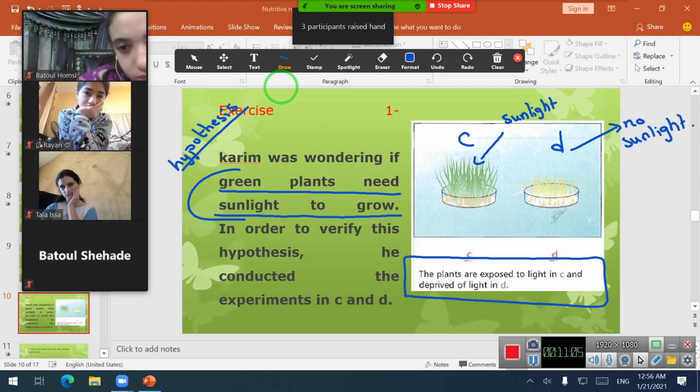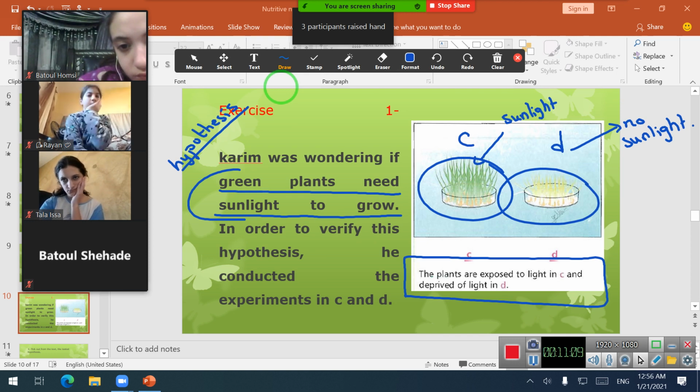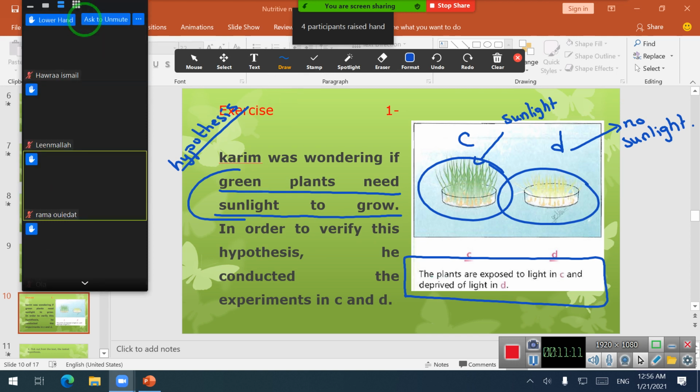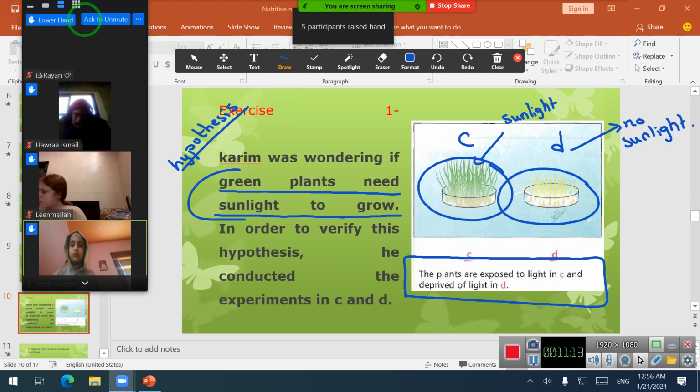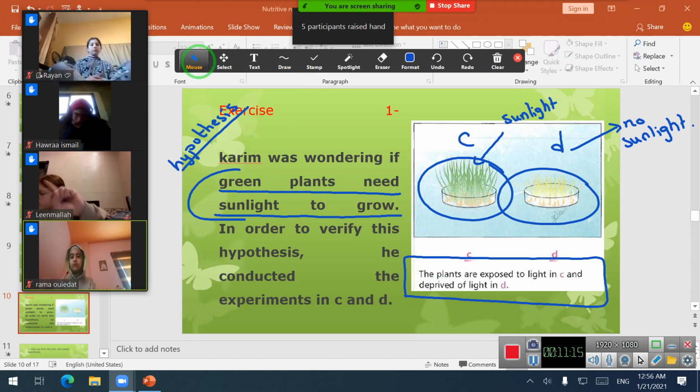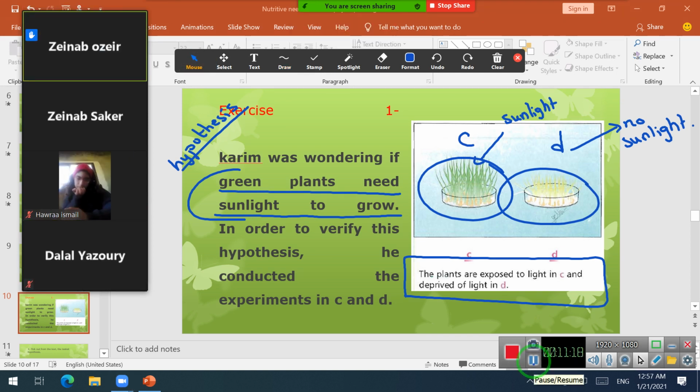Who thinks what will happen a few days later? You have to look at both containers or both pots. Who can conclude what will happen a few days later? Okay, Zainab, please. D has no sunlight, so its leaves will be yellow. Excellent, Zainab.